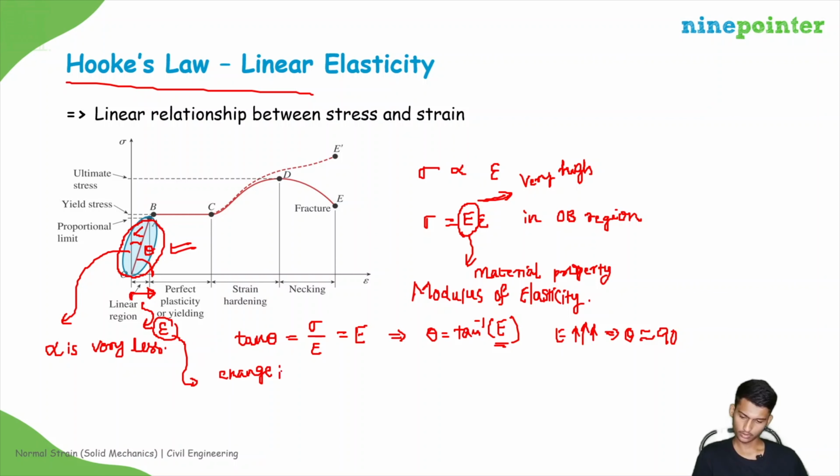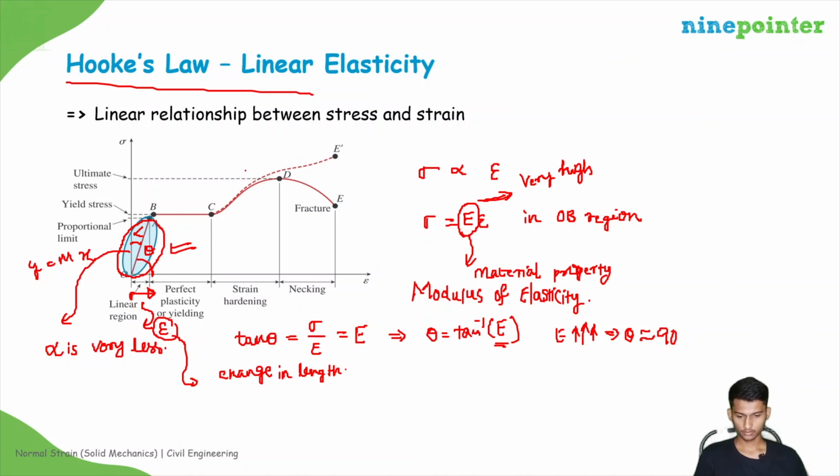This represents change in length. It is like y equals mx, where m is the slope, and slope is E. So if the slope is more, the straight line is towards the y-axis, right? So for high values of stress, the epsilon is very less, means the deformations will be very less.